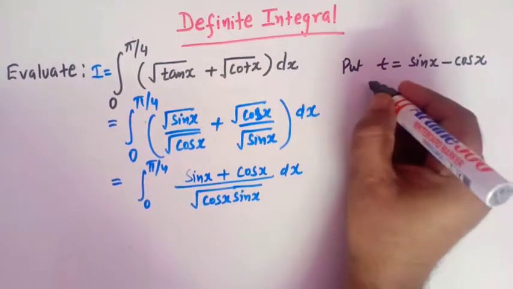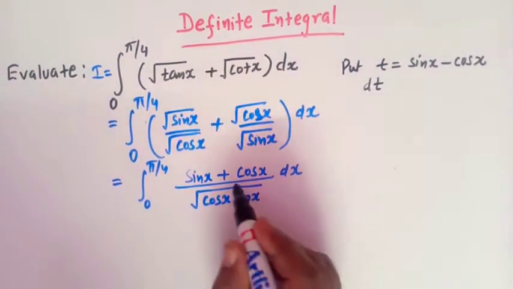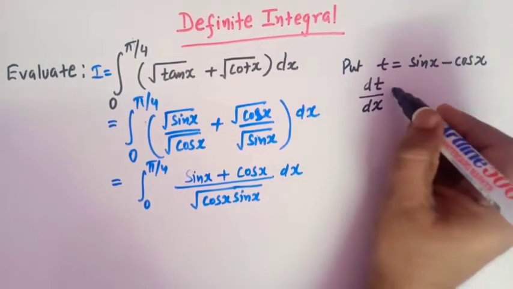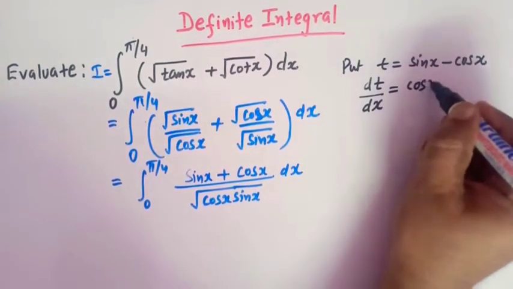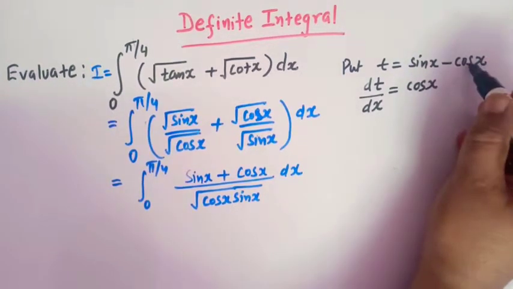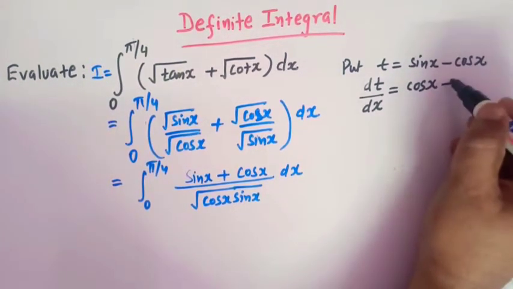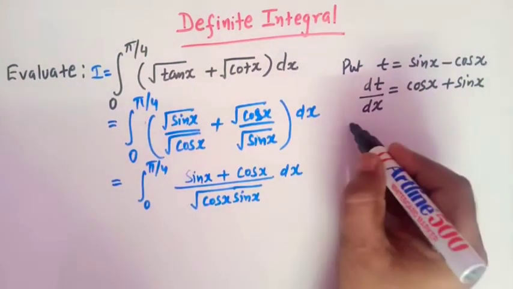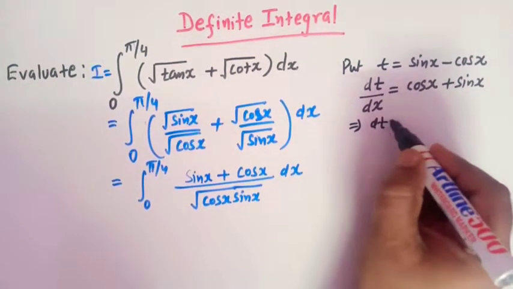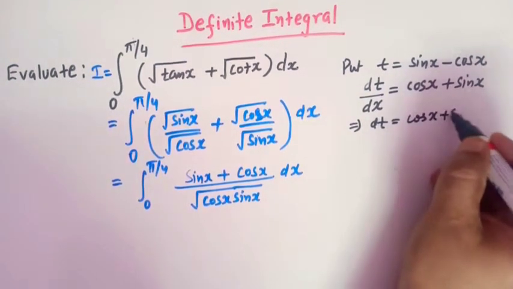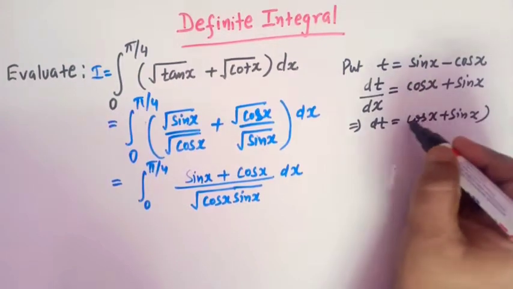So we have changed the variable from x to t, so dt over dx is equal to cos x plus sin x, since the derivative of sin is cos and the derivative of cos is minus sin. So dt is equal to cos x plus sin x dx.